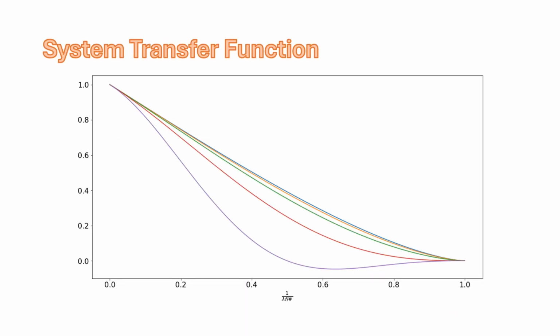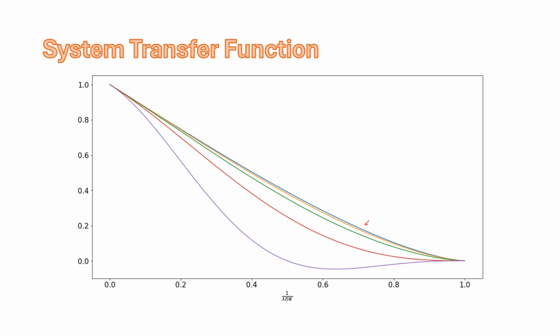Conventionally, we look at the transfer function along an axis. Here, this is the x-axis in frequency space, and we're looking at the system transfer function for various sampling periods. The top curve, the blue curve, corresponds to just the optical transfer function, so it's not modulated by the pixel transfer function at all.